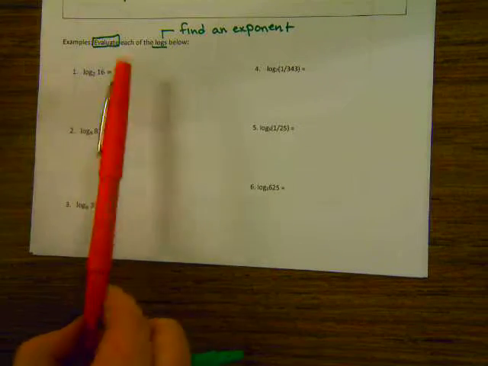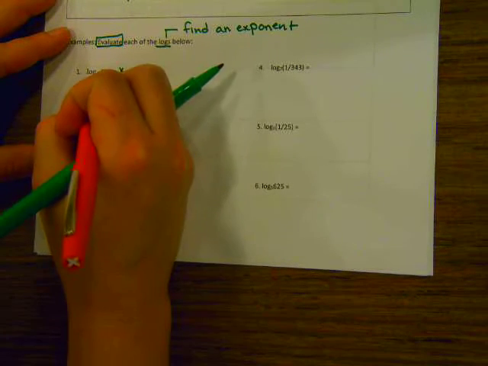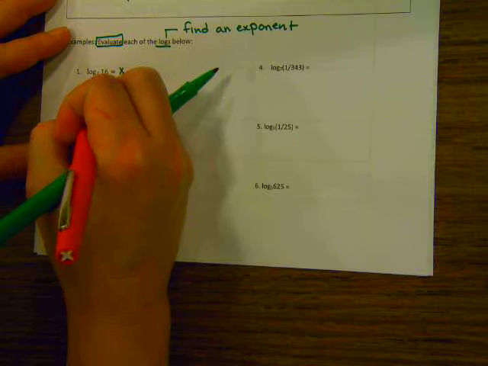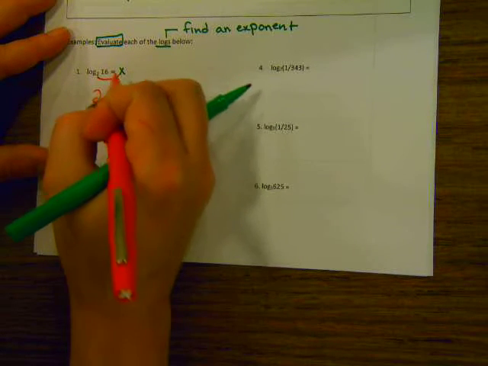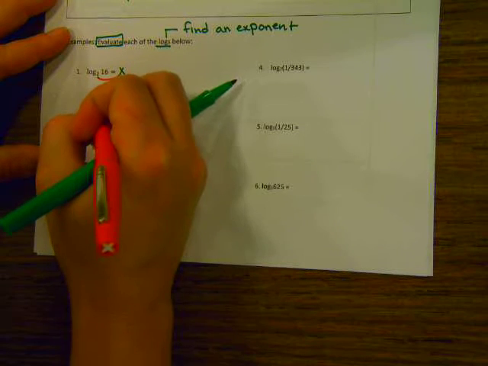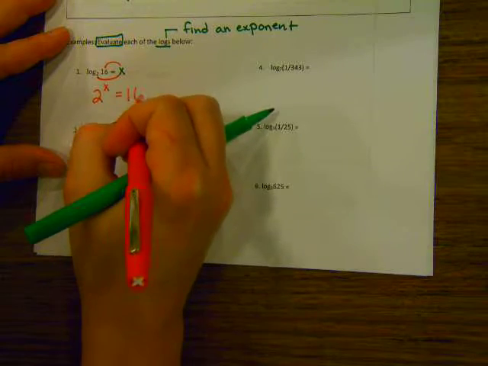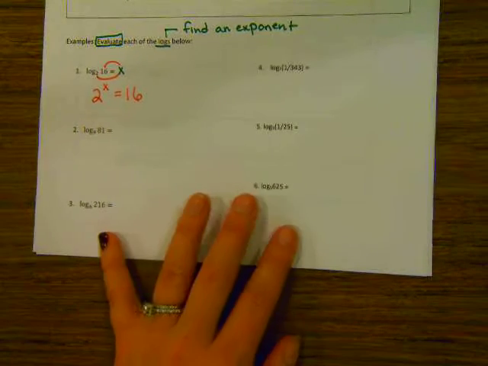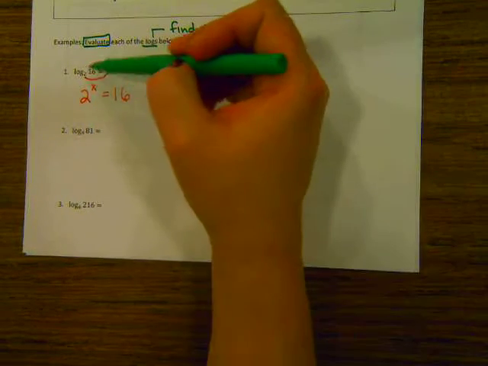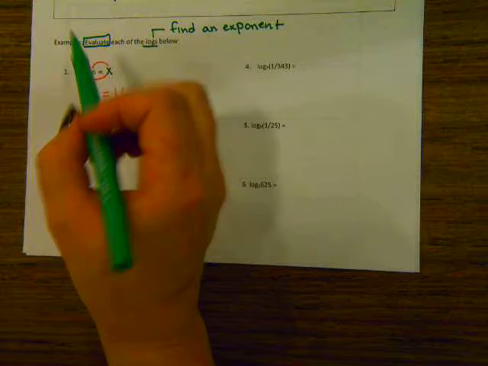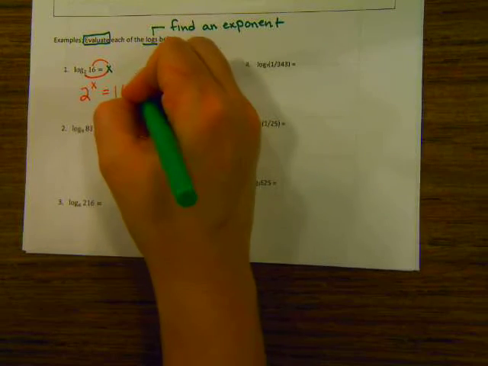That's why I put an x. Well, really, to read this, guys, the base is 2. So we're going to rewrite it into exponential form. 2 is the base, and this is how the loop works. So it's asking 2 to what power would equal 16. It's always loops like that. So we're able to evaluate the log and write it in exponential so that we can answer the question. So this has to be 4 because 2 to the 4th power is 16, so x must equal 4.